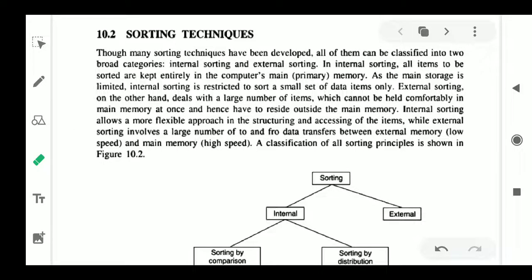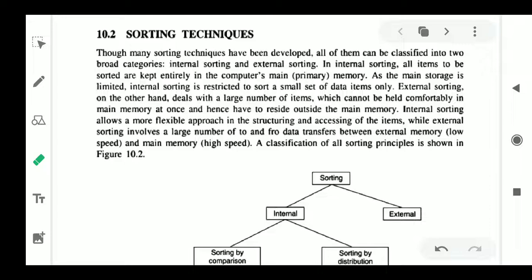So we will discuss what sorting techniques are available for us. Mainly, sorting techniques have been developed and classified into two categories: one is internal sorting, the other is external sorting. Internal sorting means all items to be sorted are kept entirely in the computer's primary memory.